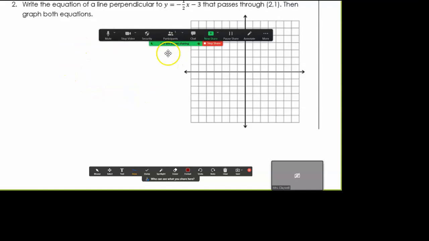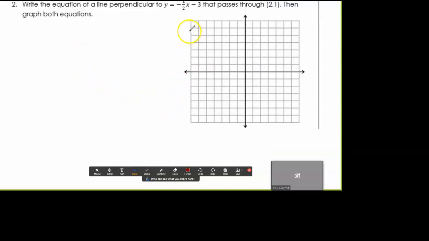This one says to write an equation that goes through this point, perpendicular. So my original slope is m equals negative 1 over 2.